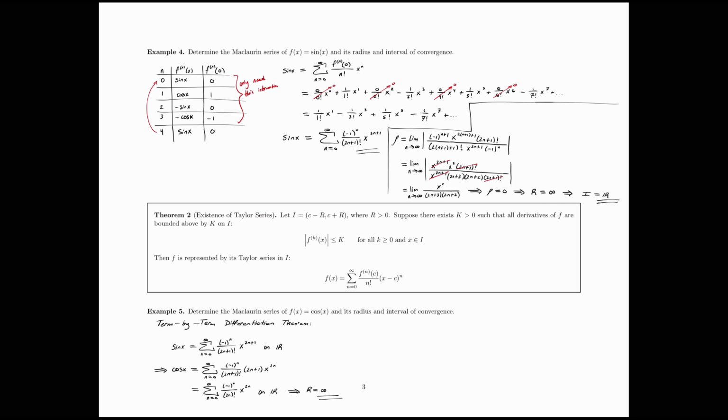What's interesting to note is that in the power series for sine and cosine, look at the terms. Sine of x only has exponents that are odd, and cosine only has exponents that are even. This is another reason why we use the names odd function and even function. Back when you first learned that in algebra, you might not have known exactly why we use those terms.